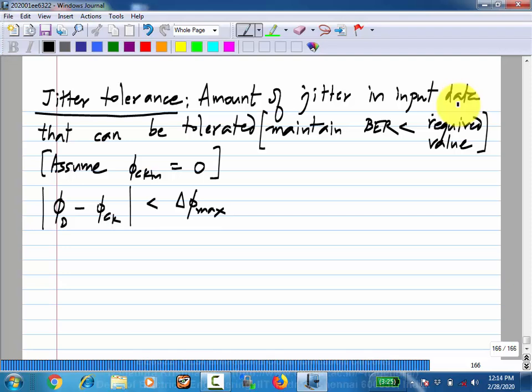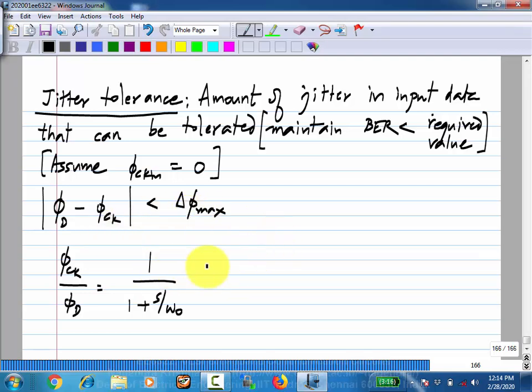So then how do you calculate this? Now you know what phi ck by phi d is. This is 1 by 1 plus s by omega naught. Okay.